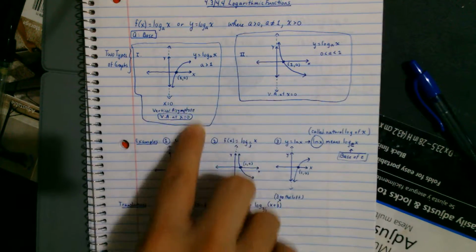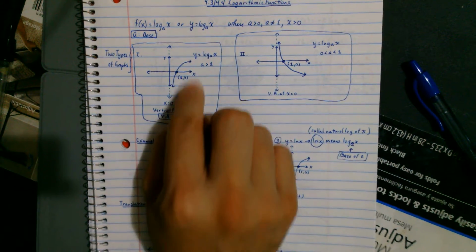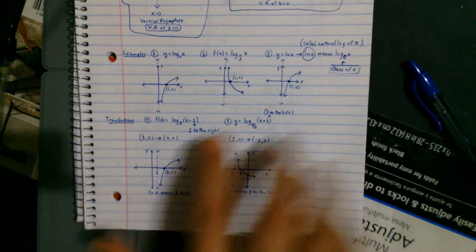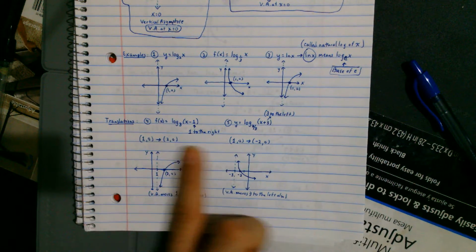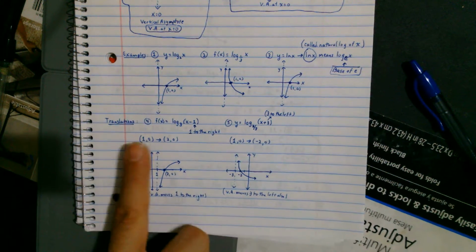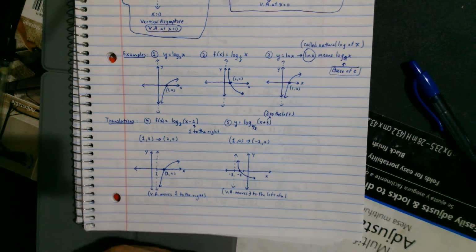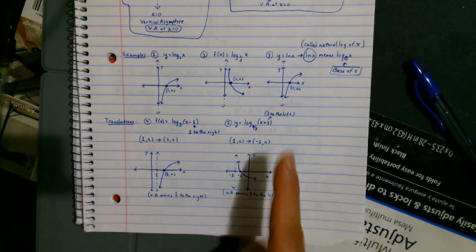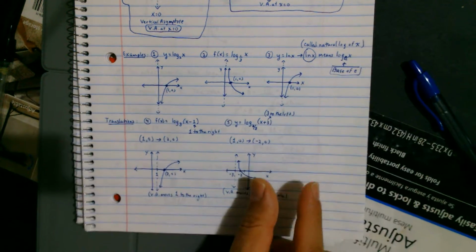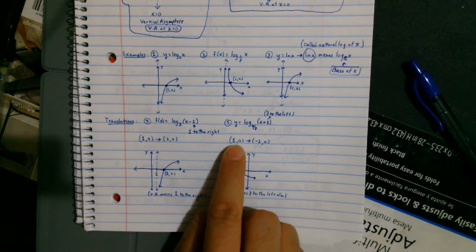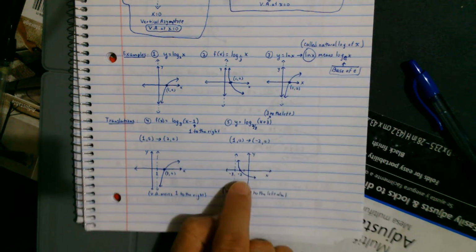So the horizontal asymptote for the exponential becomes the vertical for the logarithms. So the vertical asymptote is attached to the logarithm.